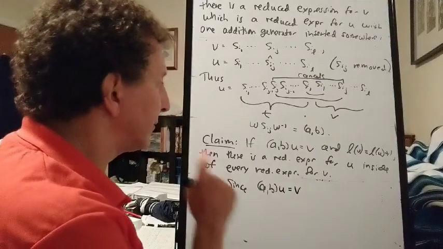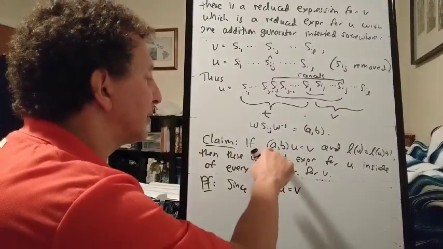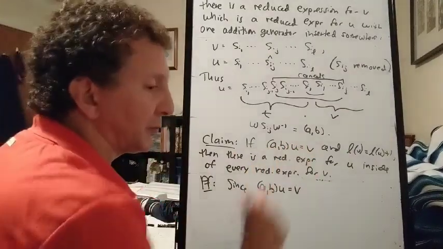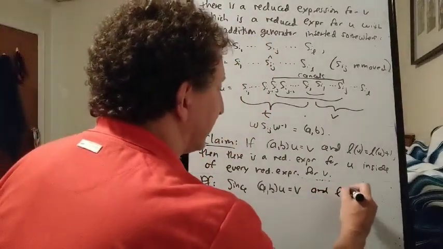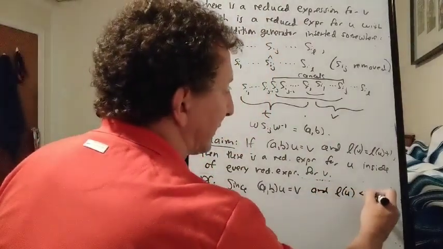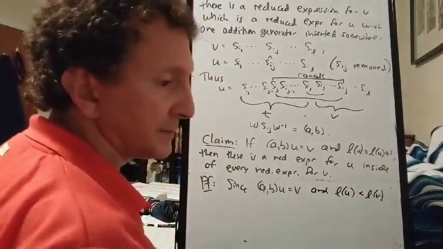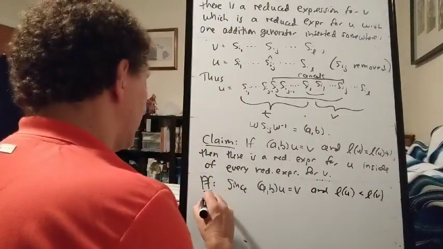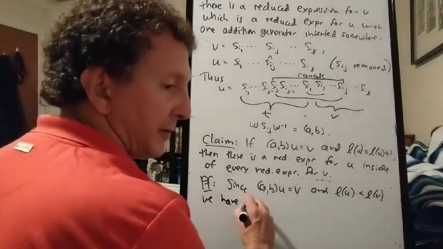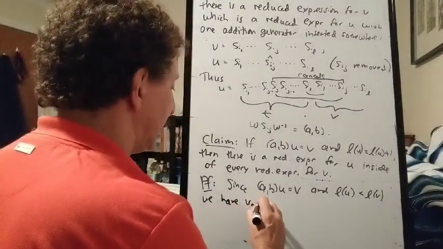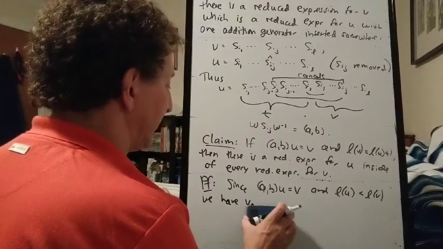All right, since the transposition AB times U equals V, and the length of U is less than the length of V, we have VA being greater than VB.